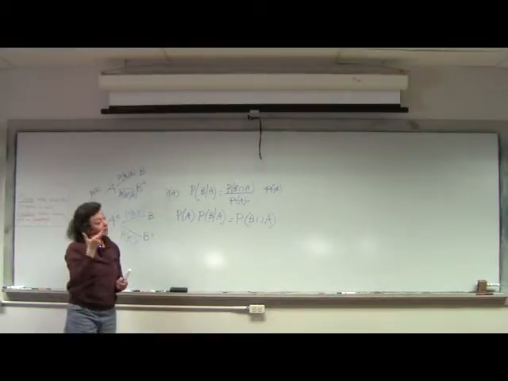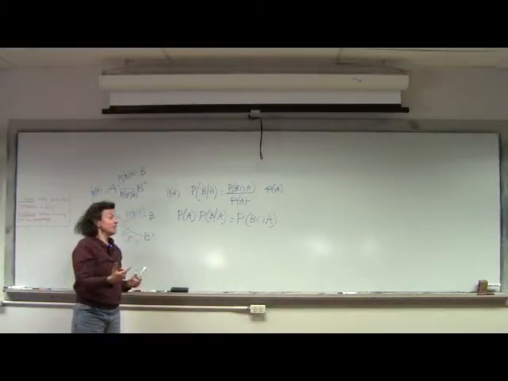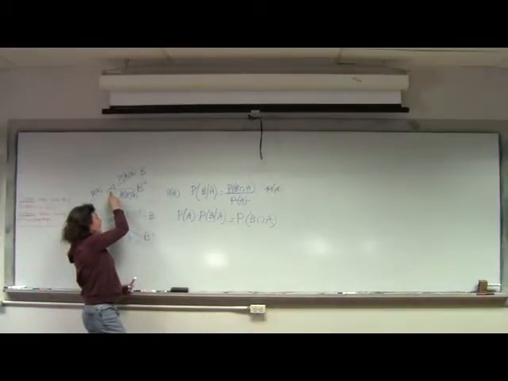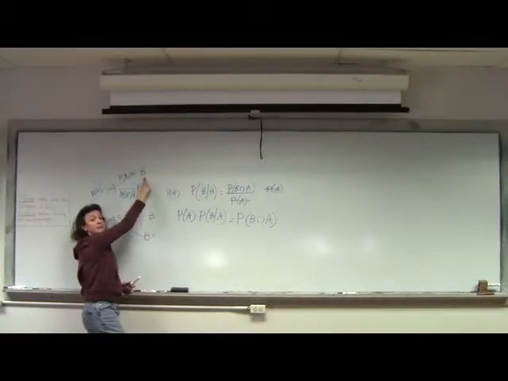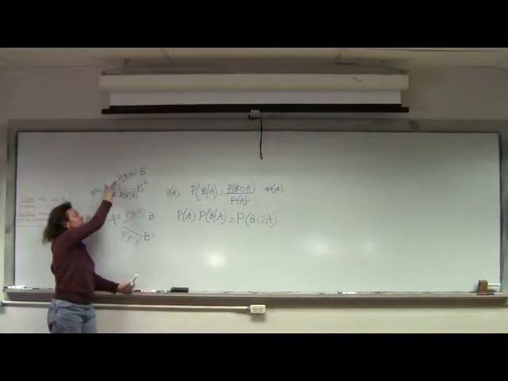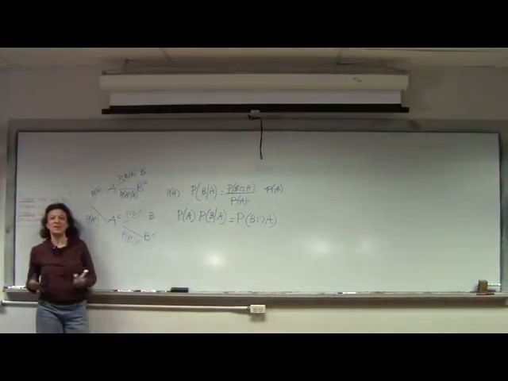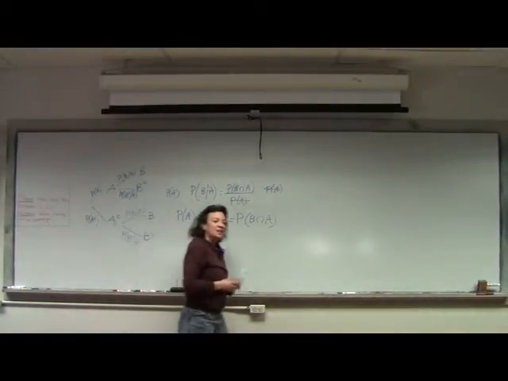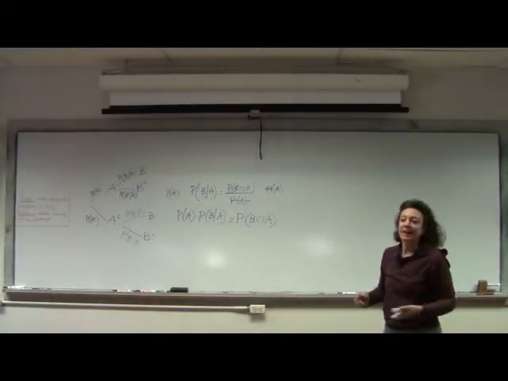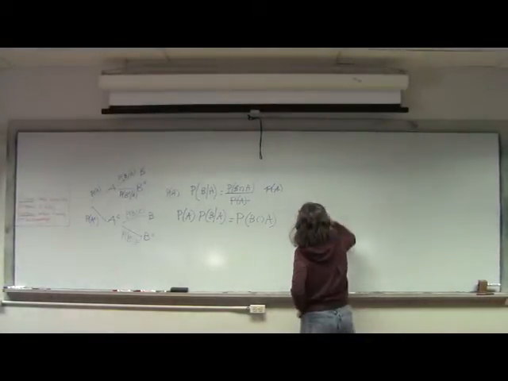That's pretty cool. The other way you can look at it is if you want to find the probability of A and B, and means multiply. Gosh, this is lovely.